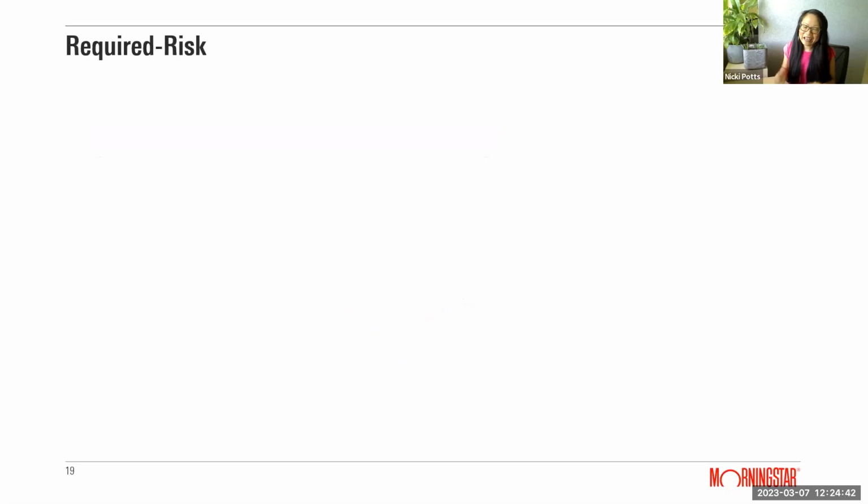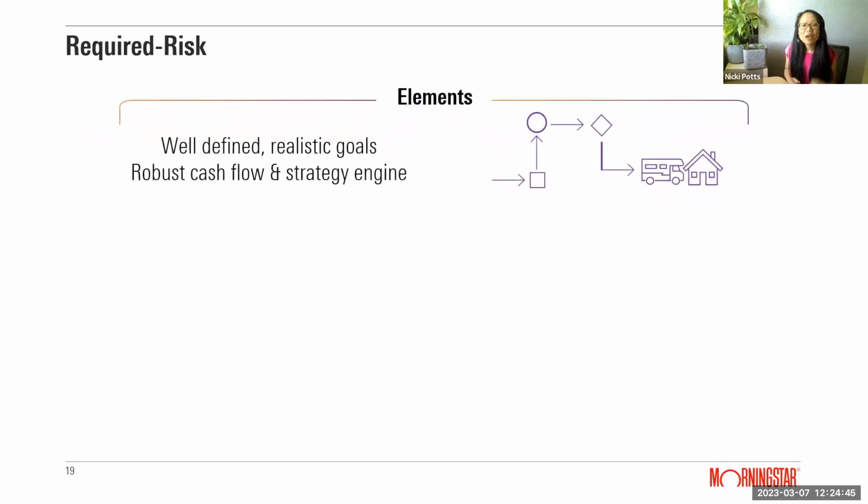The key elements here are having well-defined realistic goals. So take the time to define these goals with the investor to start with. Then have a robust cash flow and strategy engine that enables you to compute the plausibility of achieving the goals.